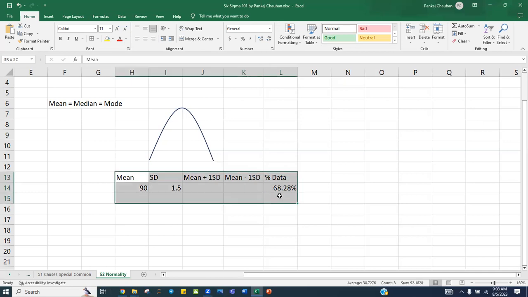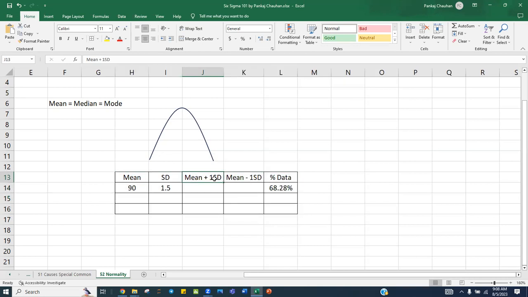So if in an actual process your average is 90 and standard deviation is 1.5, then for mean plus or minus 1 standard deviation, how much data are you expecting? This side I will say the lower range, and this side the upper range.